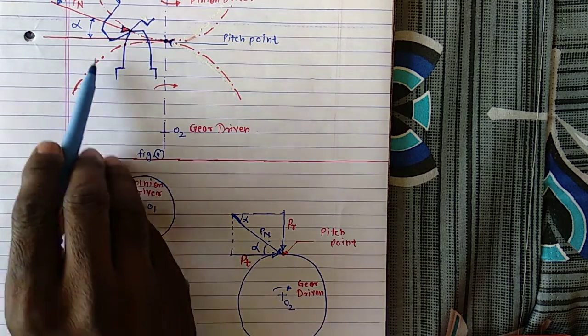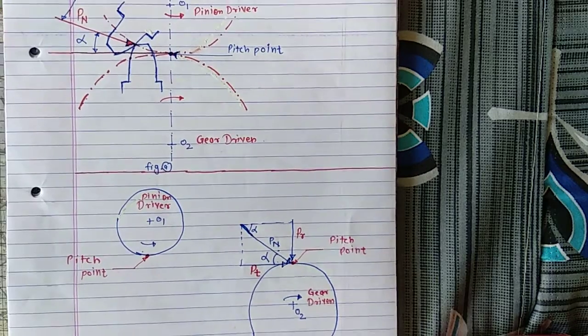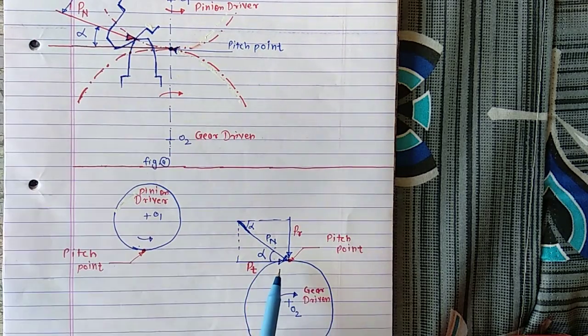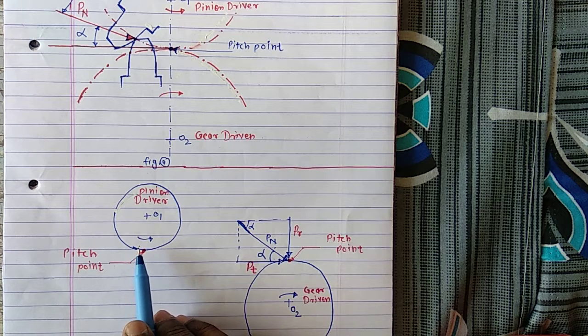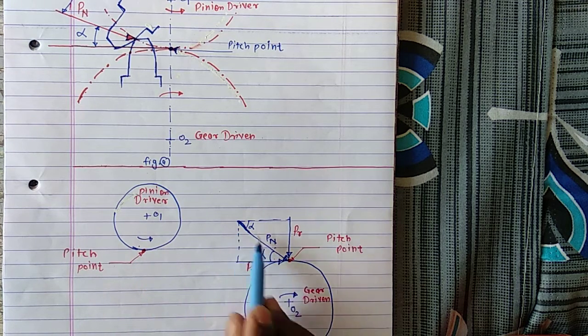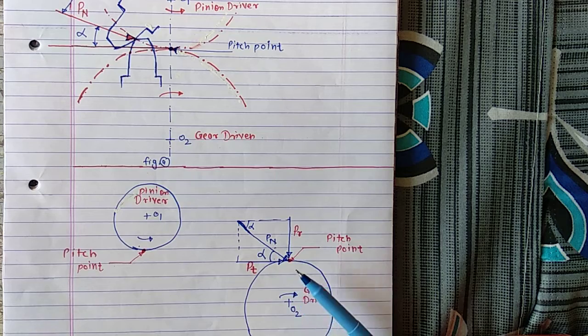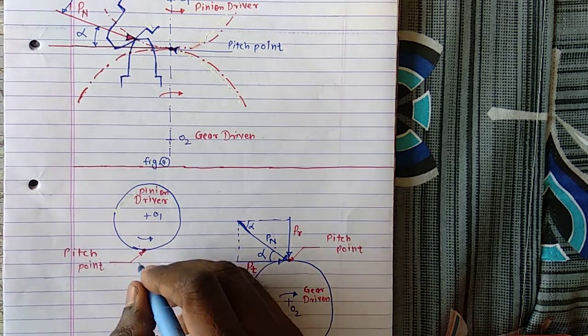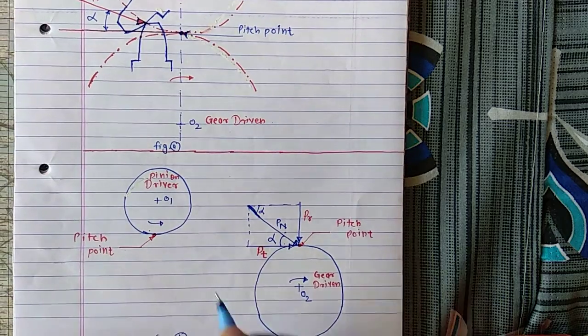So we have shown this Pn acting on the gear and its components PT and PR. Similarly, there will be equal and opposite forces acting on the pinion. So I will draw the diagram in the opposite direction. As Pn is acting along this direction on the gear, for the pinion it will act along this direction at the pitch point. I am doing it now for the pinion, which is the driving member.